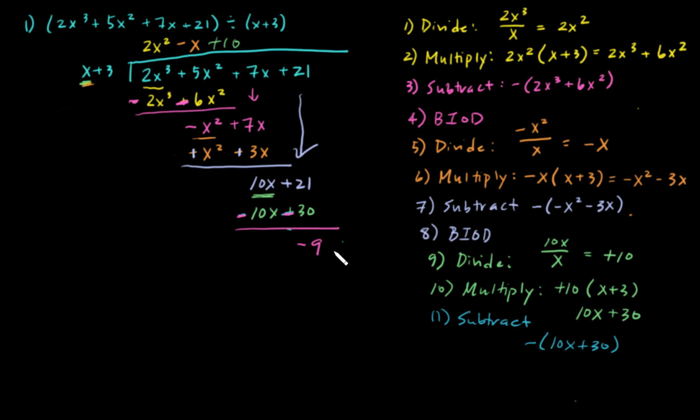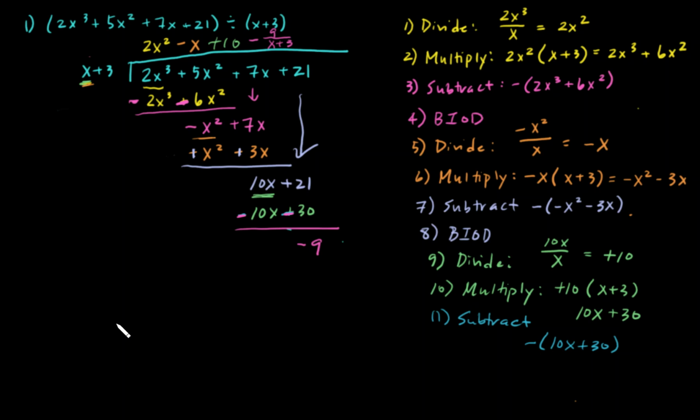Now, negative 9 has a variable. It's x to the 0. Okay, we have an x to the 1. x to the 0 is lower than x to the 1, so we're done. This negative 9 becomes a remainder. And we're going to write it up here. It'll be negative 9 divided by the divisor, which is x plus 3.